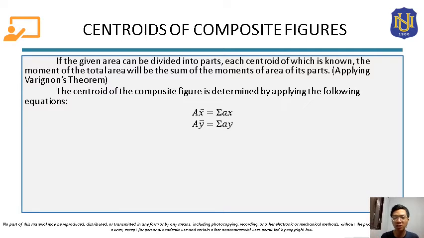The small letter a here is the area of each shape that composes the composite figure. Then x and y here are the x and y coordinates of the centroid of each shape with respect to the reference point. So x is measured horizontally from the reference point, and y is measured vertically from the reference point.